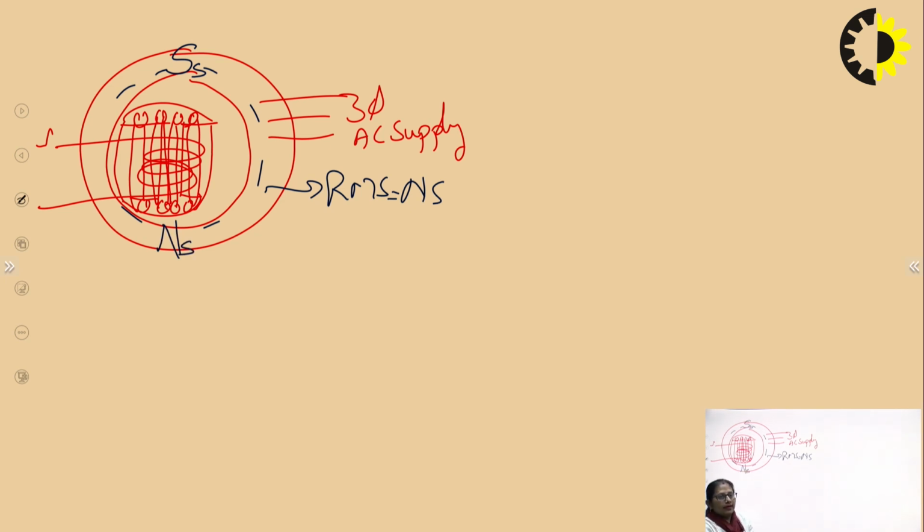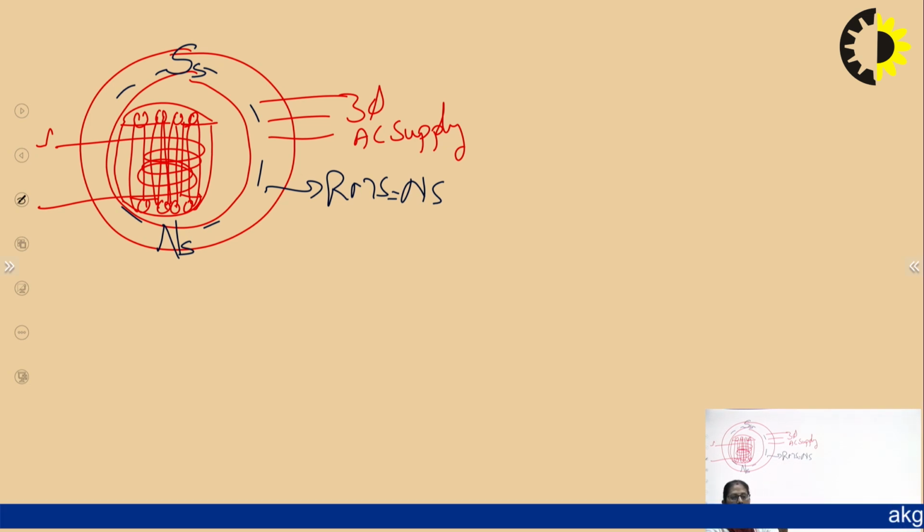Now, we have one more winding in the rotor called the damper winding. The rotor conductors, which are stationary, will experience flux cut because of the rotating magnetic field, right? As they experience the flux cut, there will be an induced EMF. Once the induced EMF is there, current flows because these are short-circuited rotor conductors. Once the current is there, they will experience torque, right?